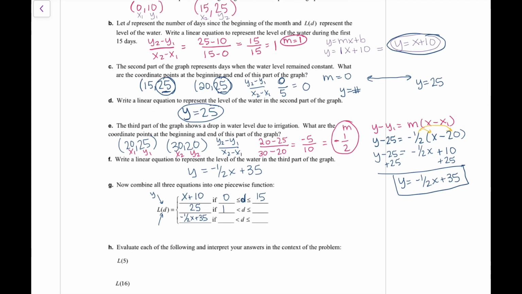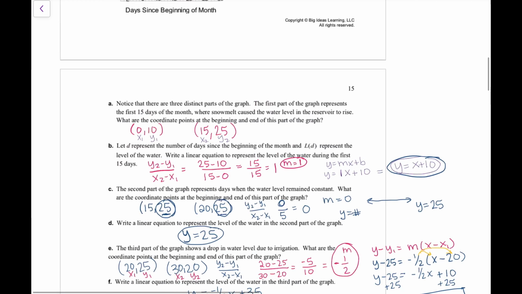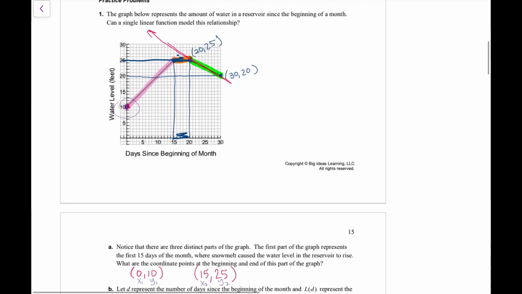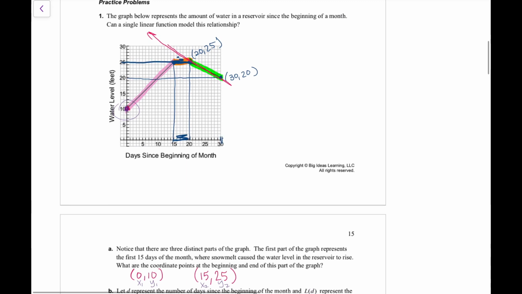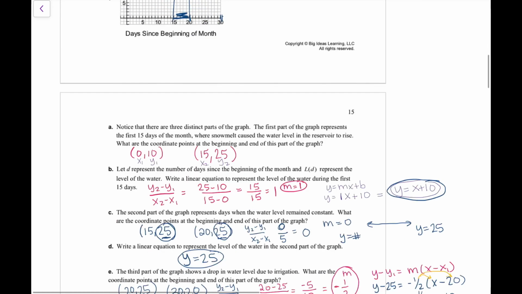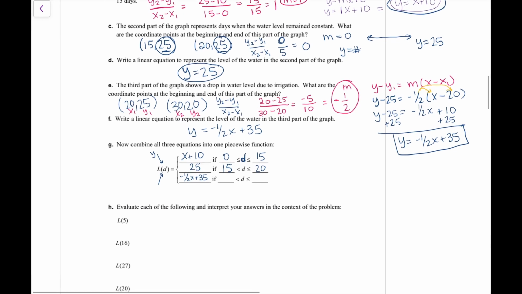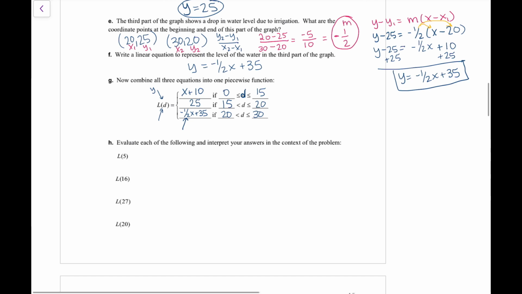So in between days 15 and 20, it stays the same. And then between days 20 and 30, it started decreasing. So when the days were between 20 and 30, we have a negative slope. This is how we define that function.